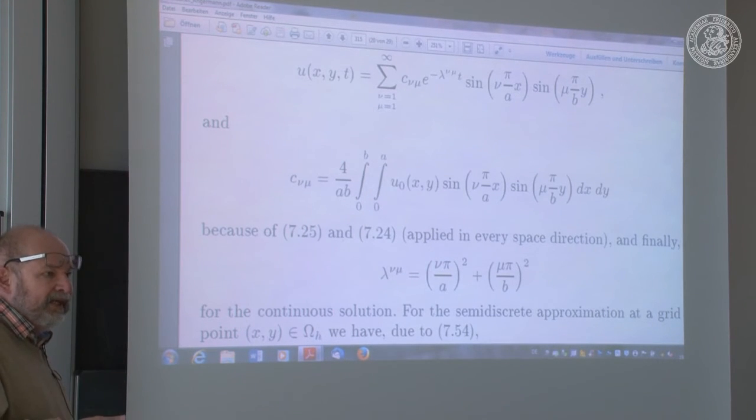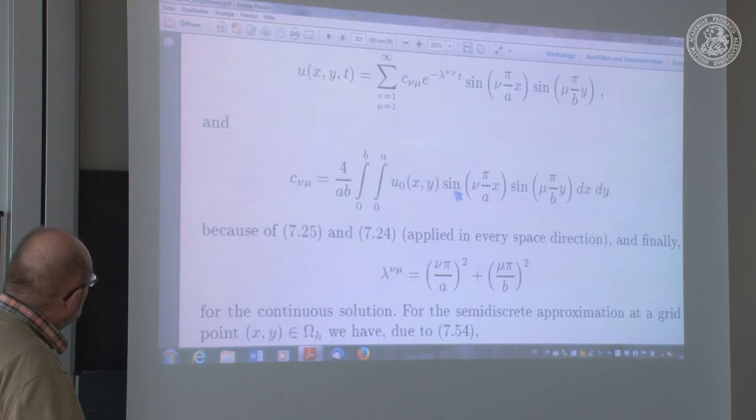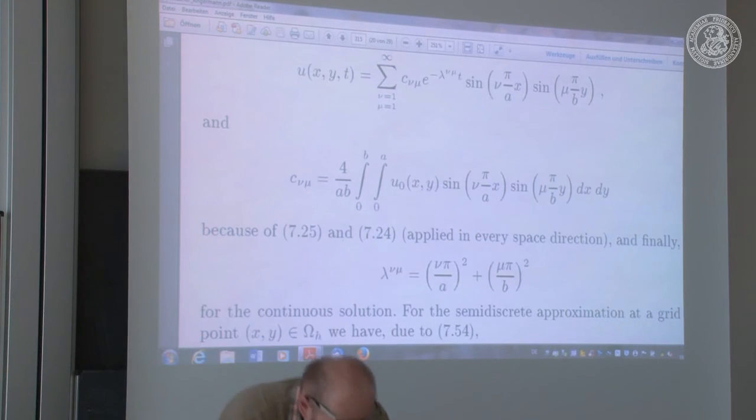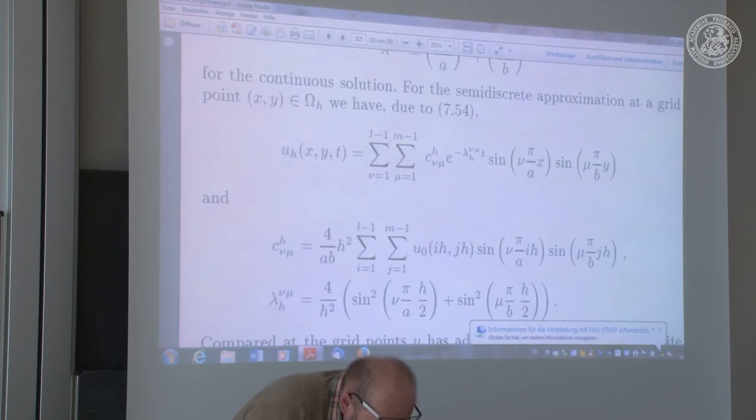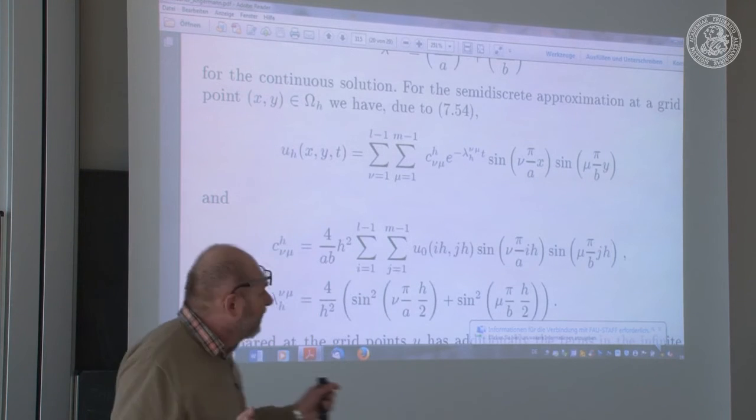So what we apply is just the trapezoidal rule for the approximation of the integral on the underlying grid.